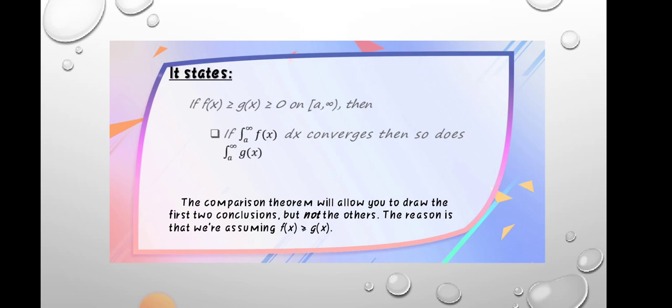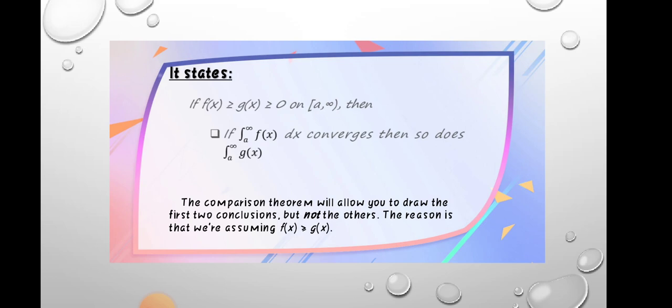So it states, if f of x is greater than or equal to g of x is greater than or equal to 0 on a to infinity, then if the integral from a to infinity of f of x dx converges, then so does the integral from a to infinity of g of x.